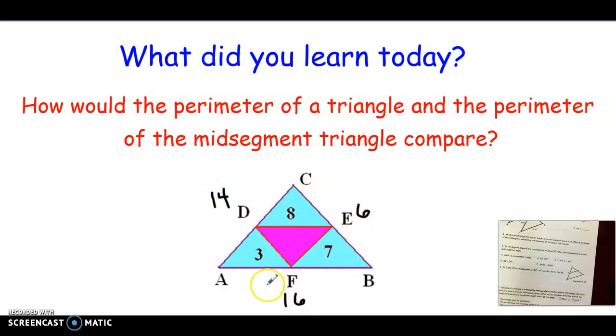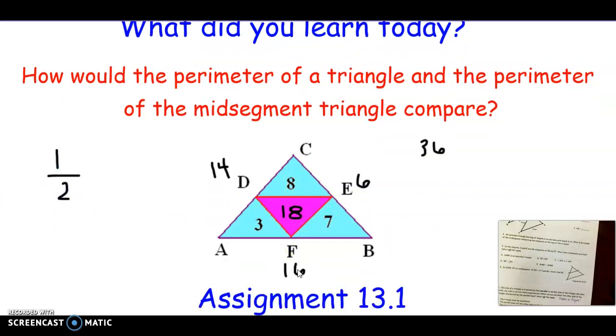So now, if we add up the lengths around that side, we would get 14 and 6 is 20 plus 16 is 36. So we got 18 for the perimeter of the mid-segment triangle and 36 for the large triangle. So do you see they also have that 1:2 ratio that the mid-segment has with the third side.